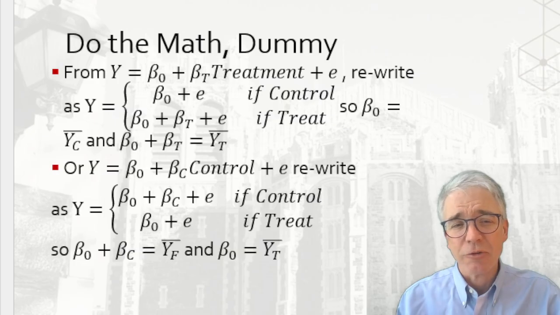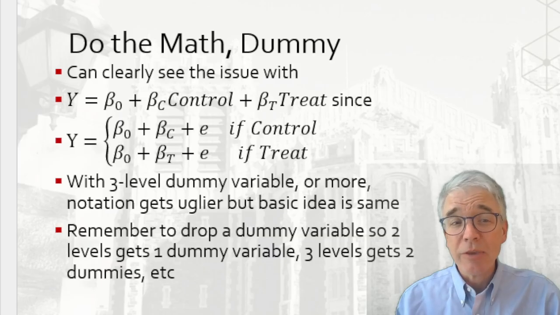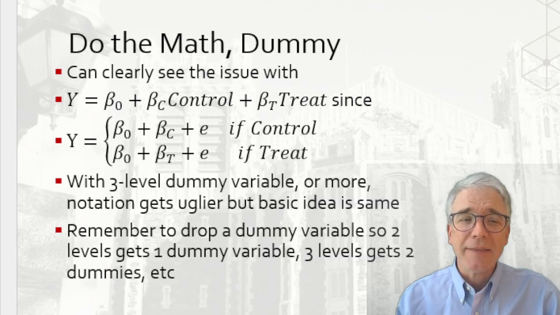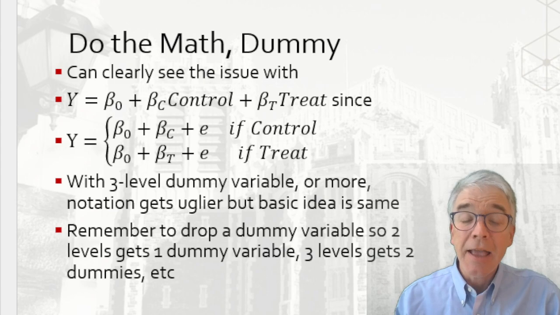The sign changes, of course, depending on which group is the omitted group and which group is represented by the dummy. But even then it's the same size, just an absolute value. Now, if you put dummies for both control and treatment into a single regression, then the mean of the control group would be estimated as beta naught plus beta c. The mean of the treatment group would be estimated by beta naught plus beta t.